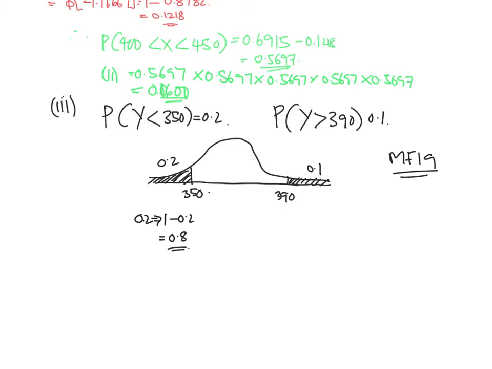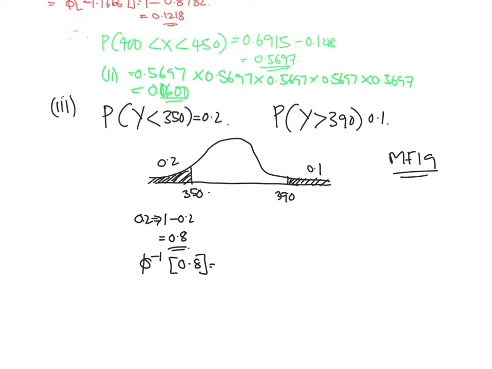So for 0.8, I can look at the probability of 0.8. What is the corresponding Z score for 0.8? This one I can find by using the calculator, inverse phi of 0.8, and the value is 0.842.